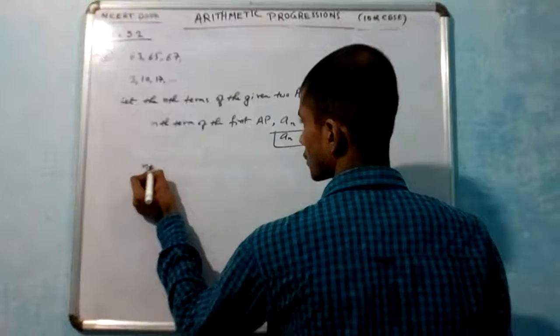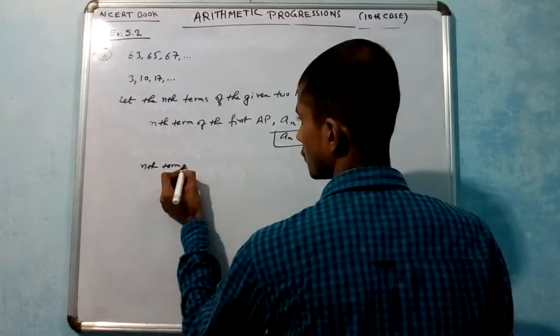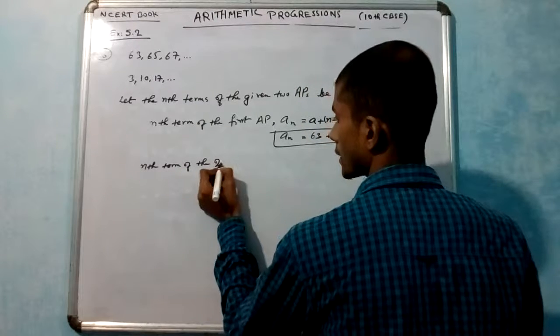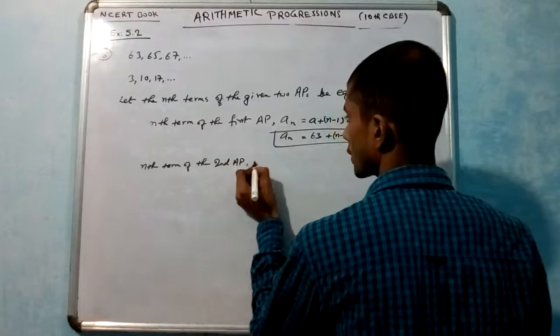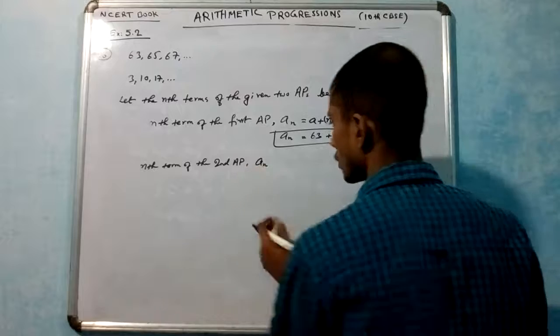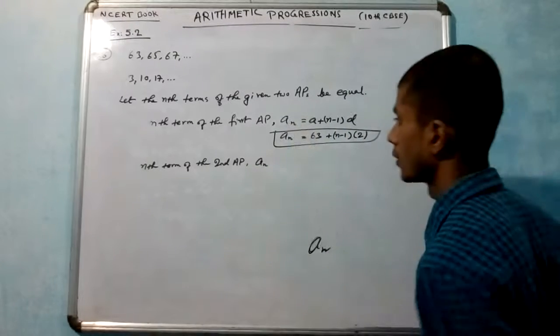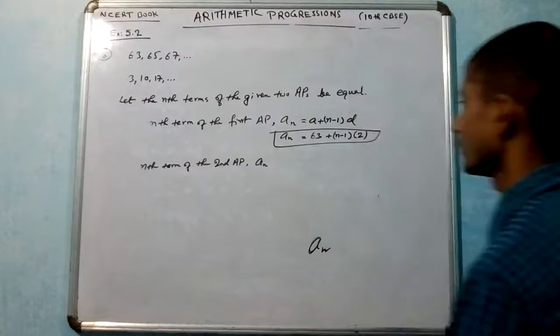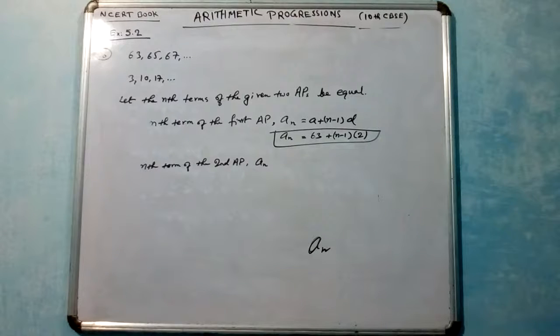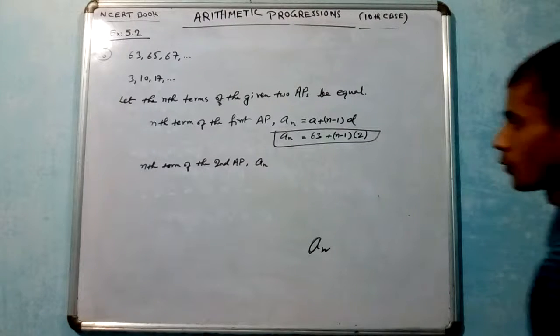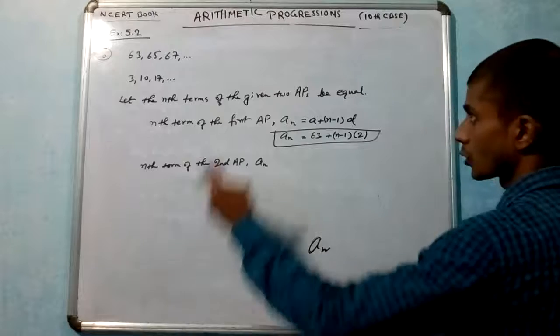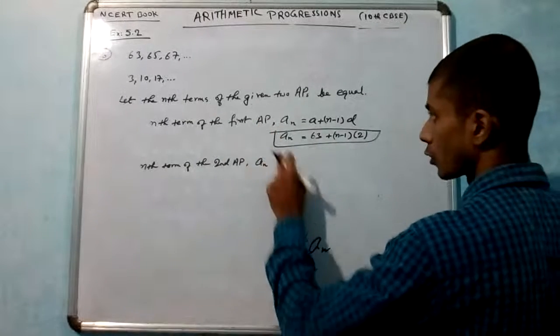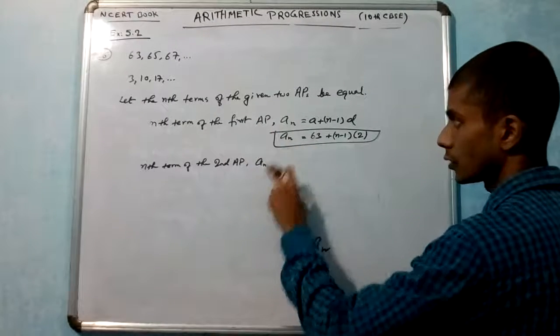Now, nth term of the second AP. Can I represent it with the same an? They are equal, no? In the question itself it's given and we have assumed also. So can I write an for both?